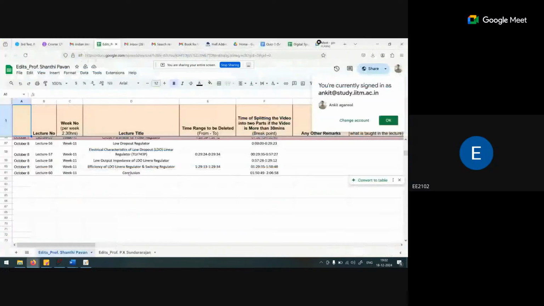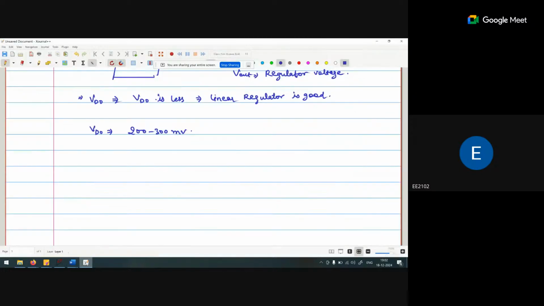After that, the professor discussed some characteristics of the low dropout regulator. In this particular characteristic they discussed one particular data sheet, TLV743P.